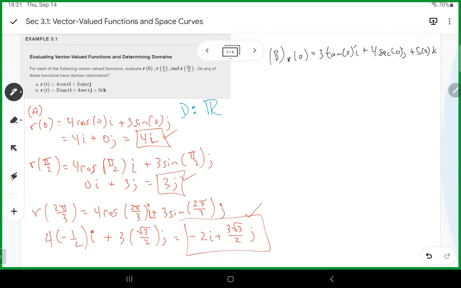And if we work that out, we get 0i plus 4j plus 0k. So that's just going to be 4j.